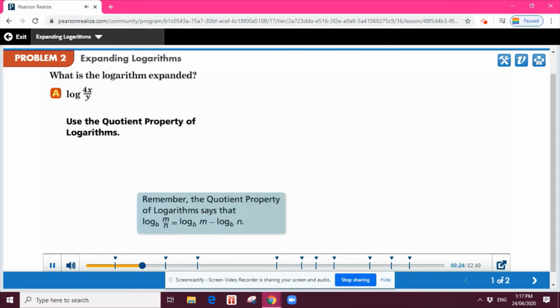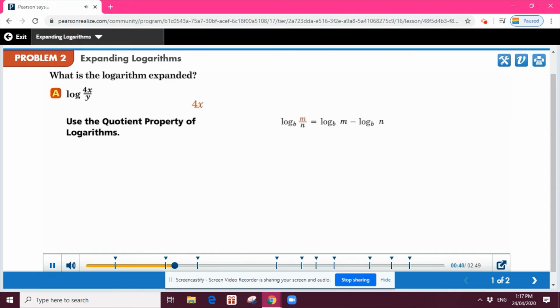Remember, the quotient property of logarithms says that a logarithm in the form log base b of m over n is equal to log base b of m minus log base b of n. Substitute the values for m and n.